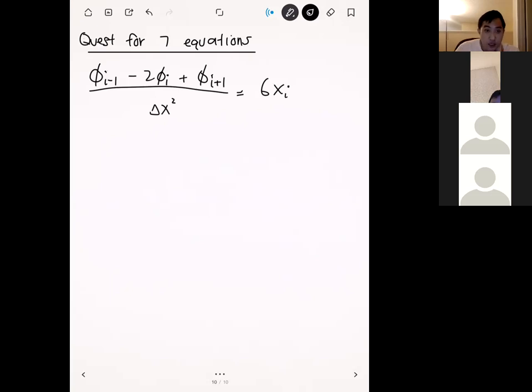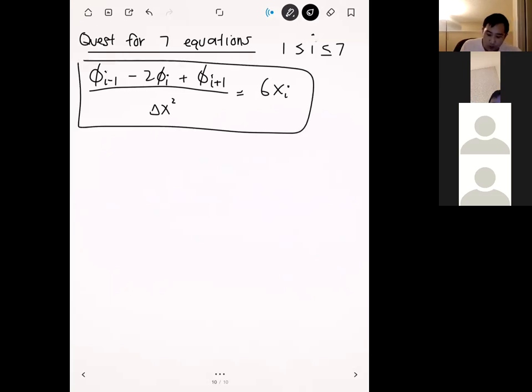And so let's remember what the i's in this equation stand for. The i's stand for the different nodes in our grid, right? In this case, our i's go between 1 and 7, because we have 7 nodes. But this finite difference equation here is general, and so it works for any of the i's, right?